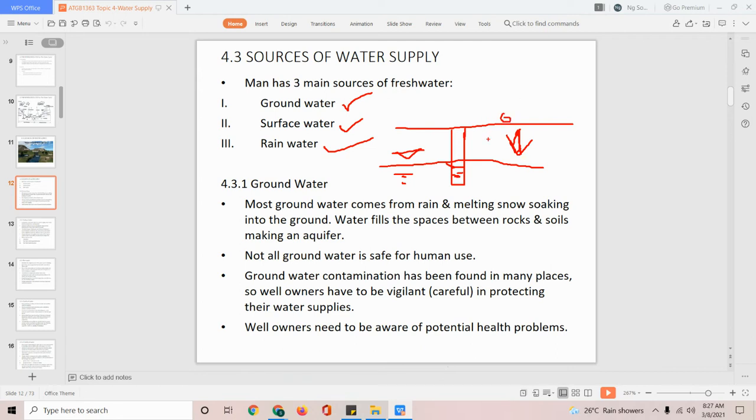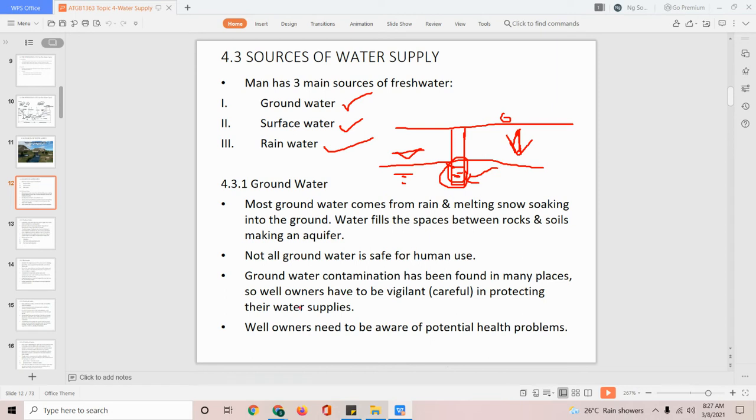Chemical is liquid, so it will slowly infiltrate into the water surrounding here, into the water level, and then it will come out and contaminate the whole well. So it can cause sickness. So this is where sickness easily spreads.